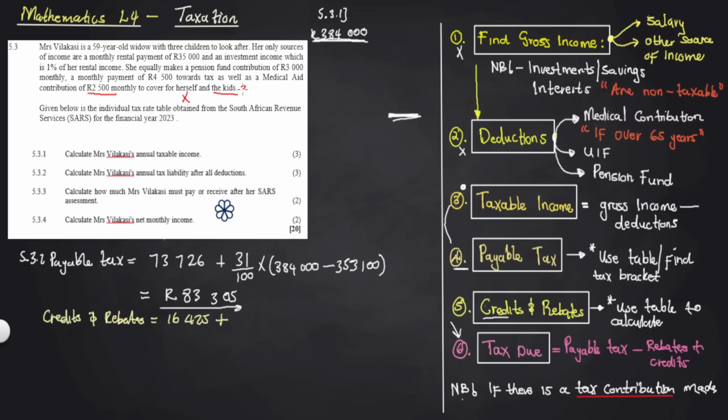How many kids? 3 kids. The 2,500 rand is not going to be considered as a deduction. Why? She's less than 65 years old.